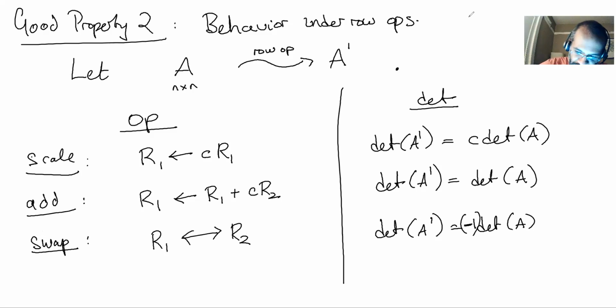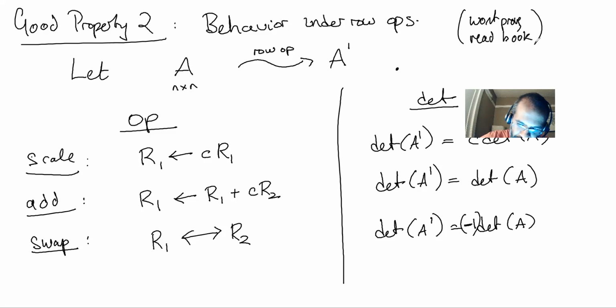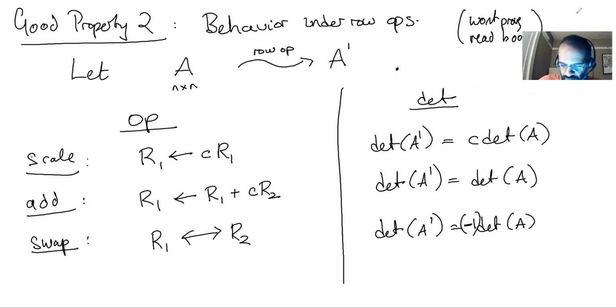We will not prove this, but you can read the book if you're curious. But now we can actually, again, use row reduction to compute the determinant. What's the upshot of this? But any questions about good property number 2?